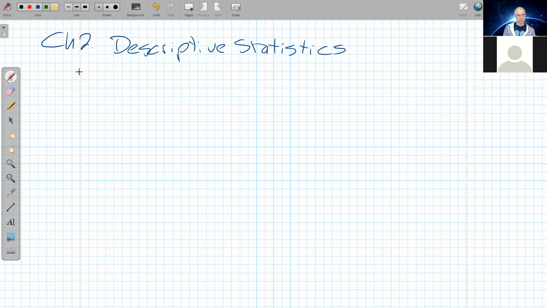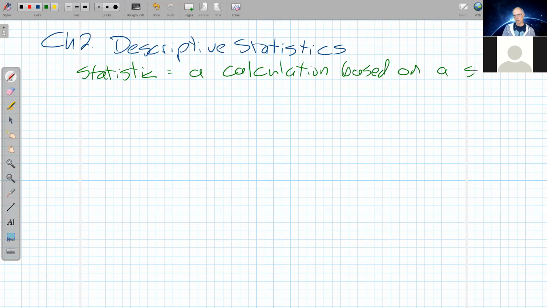So the statistic has a more specific meaning. I'm going to list out the statistics that we've looked at and that we're going to look at today.